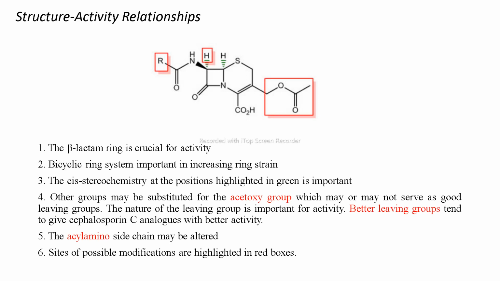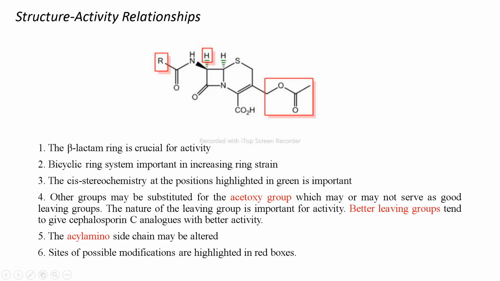Then regarding the structure activity relationship, if you compare the structure of cephalosporin with penicillin, everything is the same. The difference is that in penicillin there was a 5-membered thiazolidine ring, whereas in cephalosporin it's a 6-membered dihydrothiazine ring.